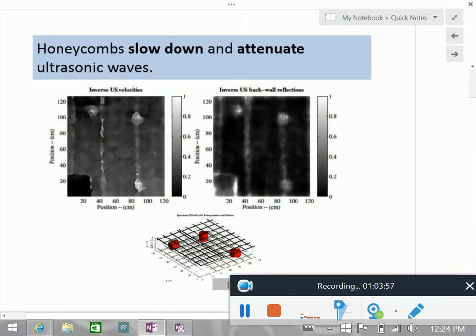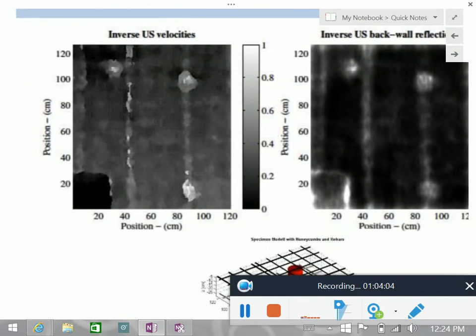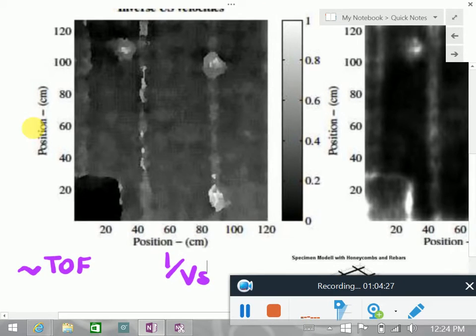So this time we looked at two different parameters. One is velocity. It's inverted shear velocity for the same slab, and this is pretty much like time of flight.